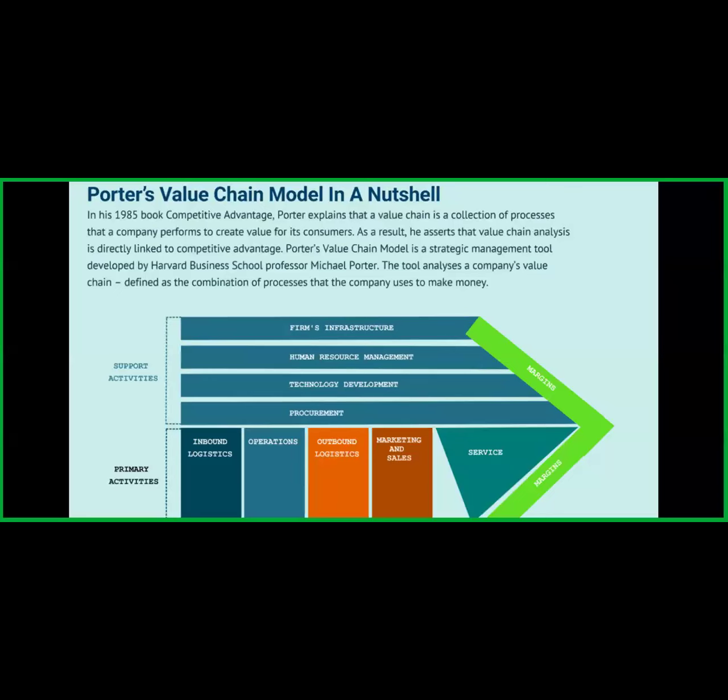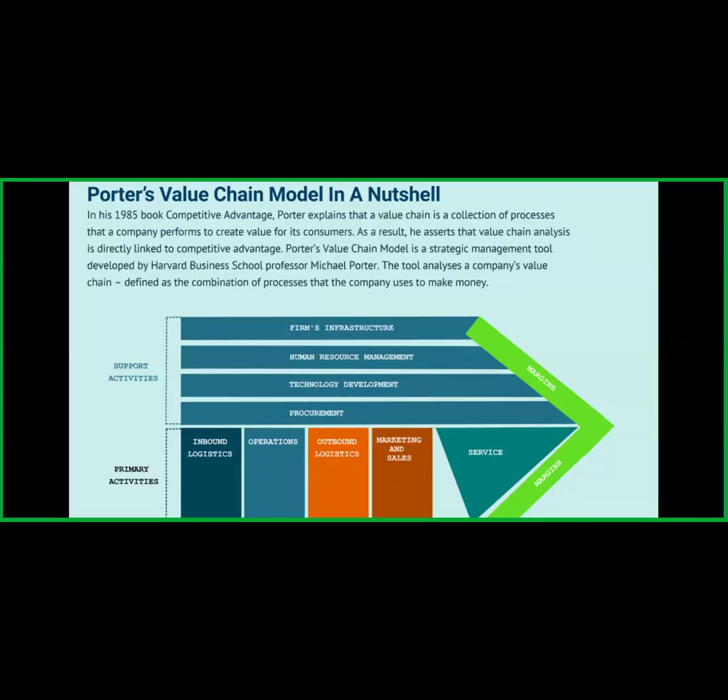Now, these primary activities are directly involved in the creation, delivery, and the sale of a product or service. Two types of activity. One is support, the other one is primary. We will be discussing the primary activities initially, and then we will move on to the support activities.